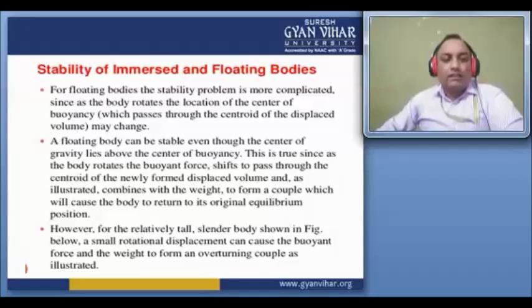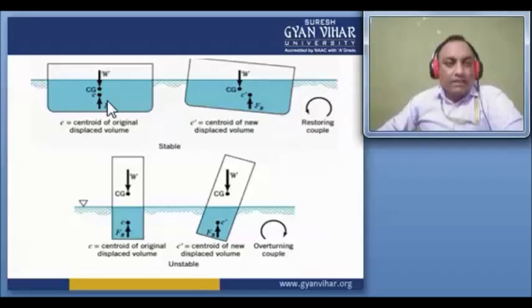This figure shows the different types of conditions. Here this is the floating body, with C and CG. For the case of a restoring couple, the centroid is below and CG is above.